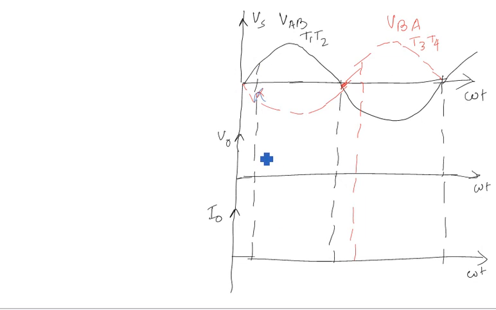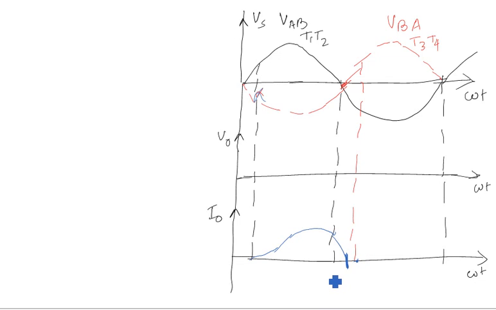As the load is a current stiff load, first we will draw the current direction. The current starts from here, it rises to the peak value and it goes to beta. Now just see that the current goes to beta before here.